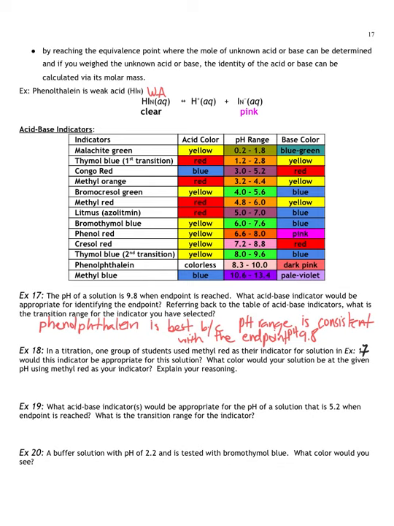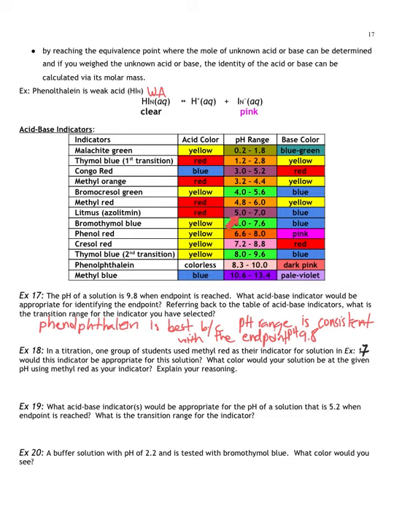So hopefully you've had a little time to work through example 19 and 20. I will go over it with you just to make sure you understand it. The acid-base indicator would be appropriate for the pH of the solution that's 5.2. So I'm looking for a pH of 5.2, and there are several when the endpoint is reached.